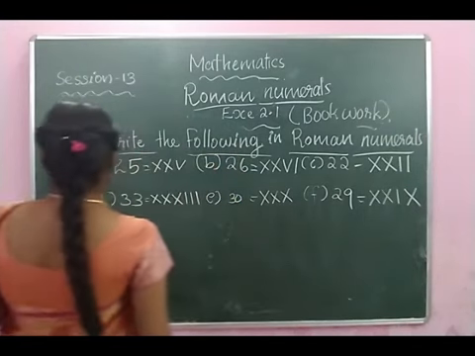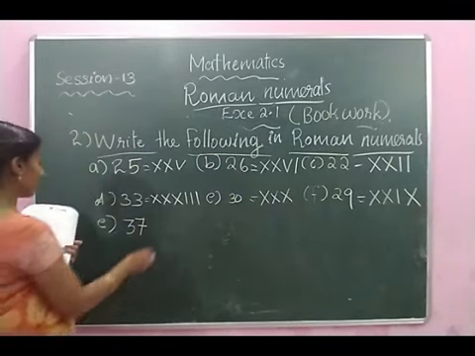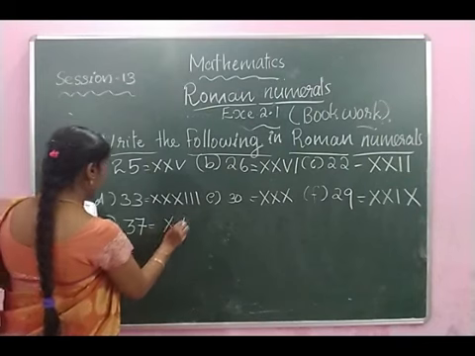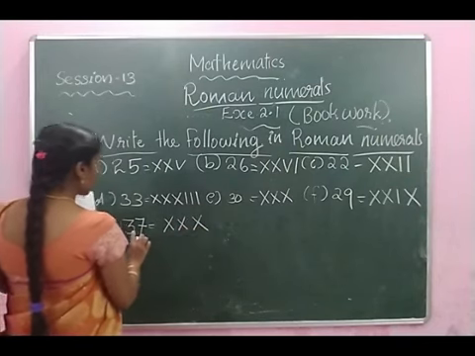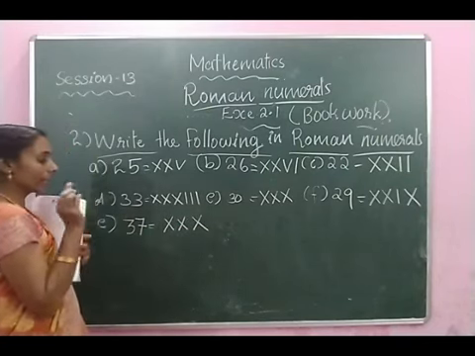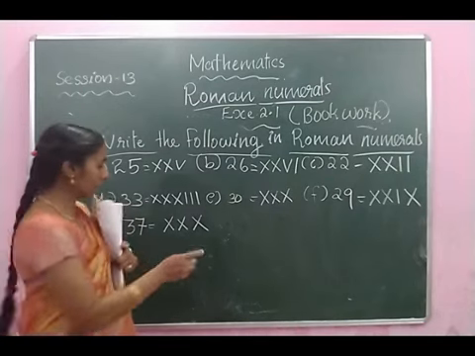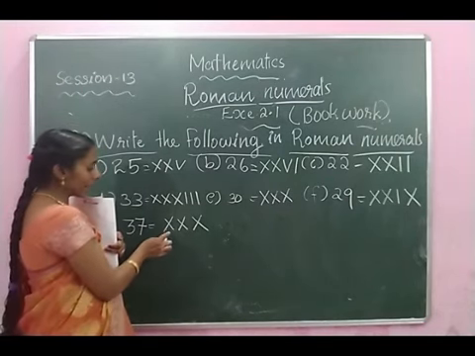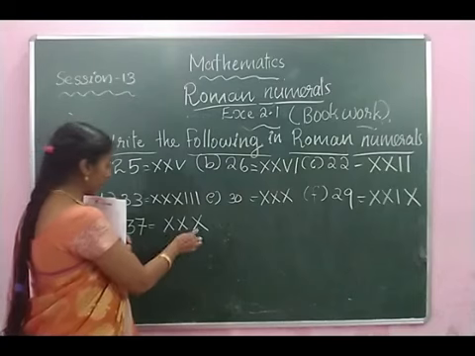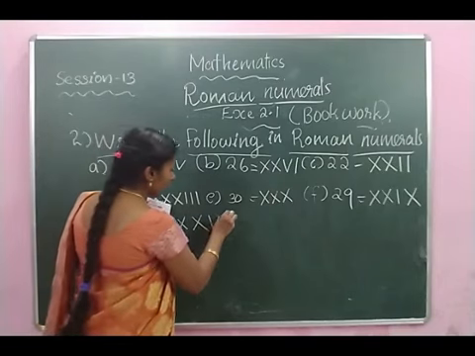Then 37. 37 is equal to XXX, 30 plus 7. 30 means 3 tens are there. So 3 tens are there. XXX and VII, 37.